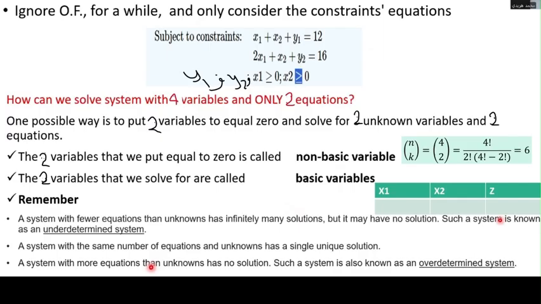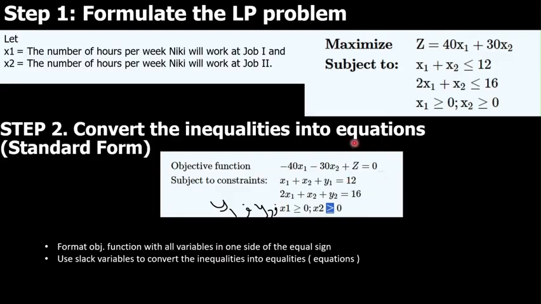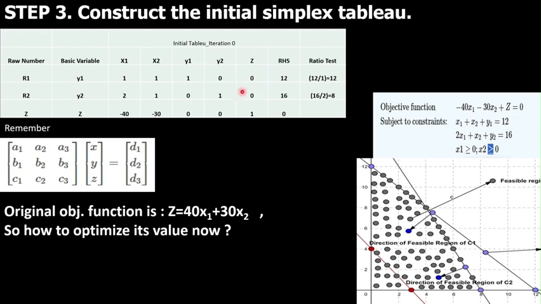As I said, we will convert the mathematical model into standard form, and then standard form into matrix form. In the matrix form, the normal way is to have a matrix of coefficients multiplied by the matrix of variables equal to the vector or matrix of the right-hand side.